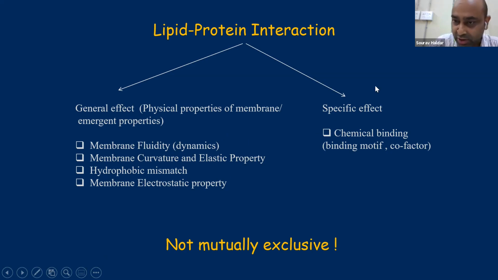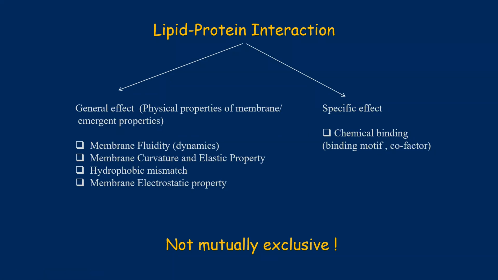Other than that, there will of course be specific effects, that means which involves chemical binding of the lipid molecules into the protein structure as a binding motif or sometimes as a cofactor. So these are more specific effects where one particular kind of lipid is required for the functioning of one particular protein.